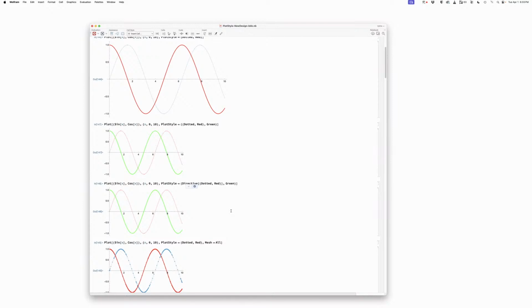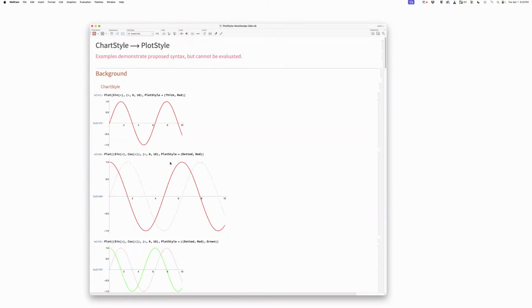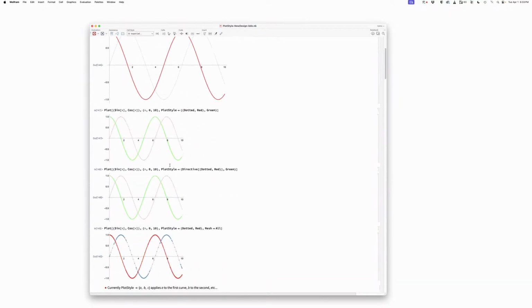Well, no, we aren't flat. We're partially flattening. Yes, we're flattening the data. We're flattening the functions to be plotted, but only one level. I'm looking at this plot example. We've got these examples.